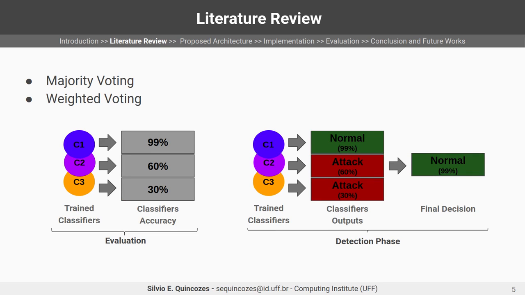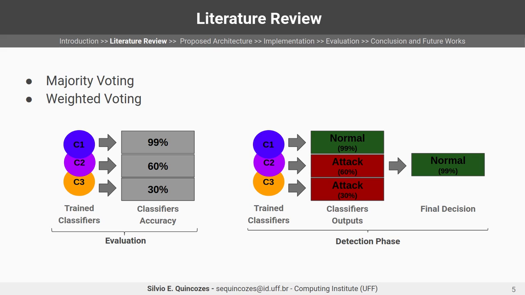Similarly, there are methods that use a weighted voting approach. This approach relies on two basic phases. The first is the evaluation phase, where each classifier is evaluated by classifying known samples, and its results are measured in order to decide the weight of each decision.